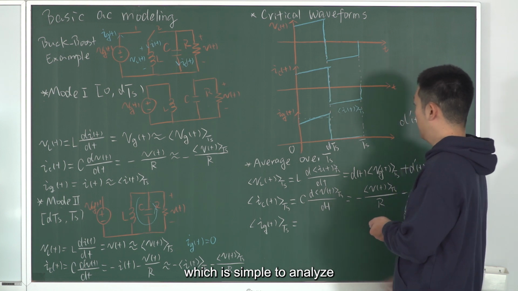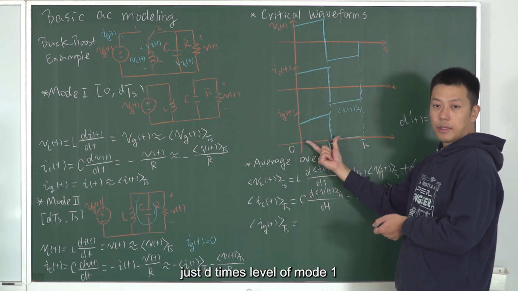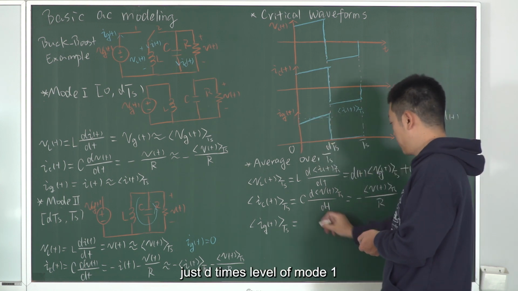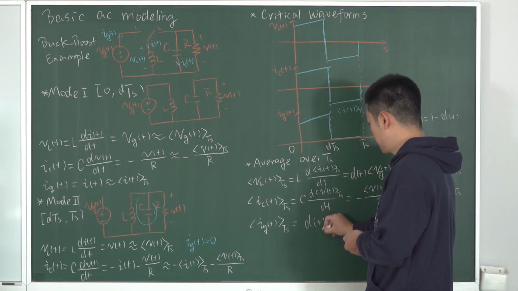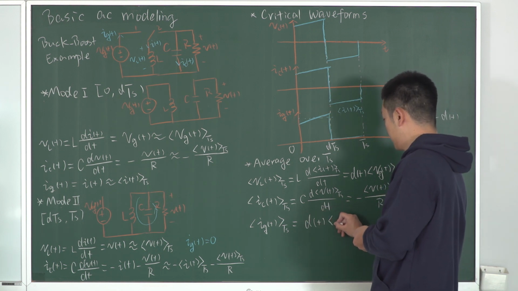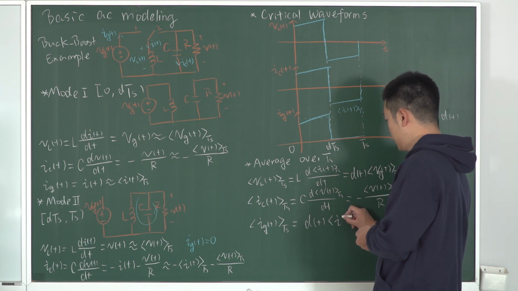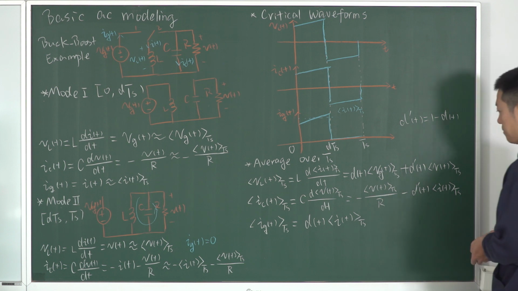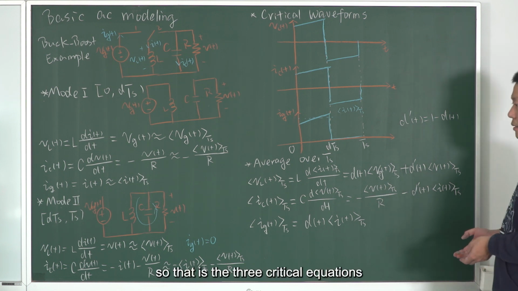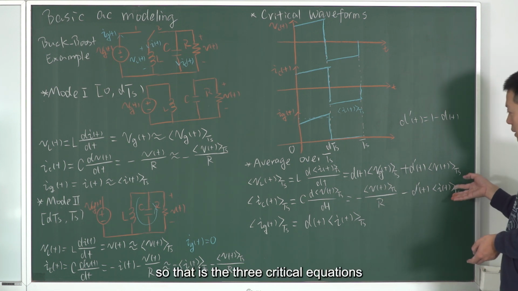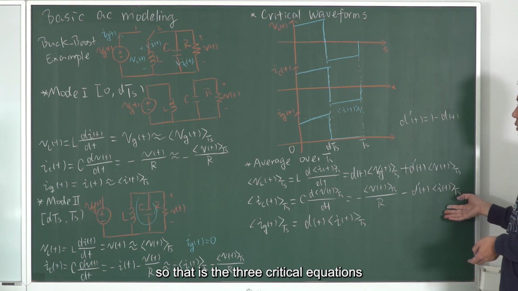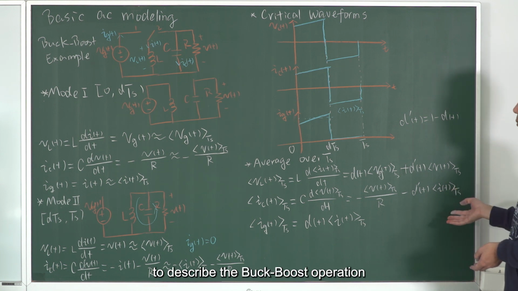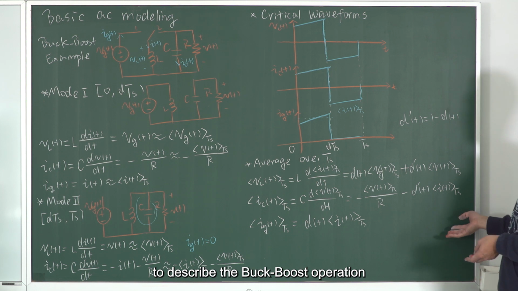And the third one will be the average input current, which is simple to analyze, right? Just D times the level of mode 1. So those are the three critical equations that describe the buck-boost operation.